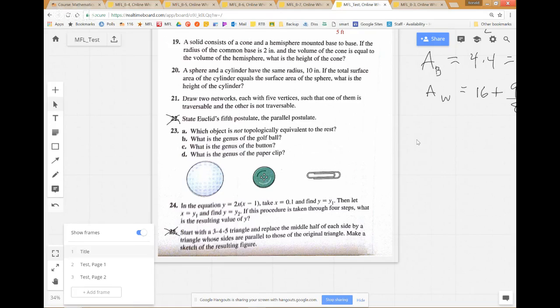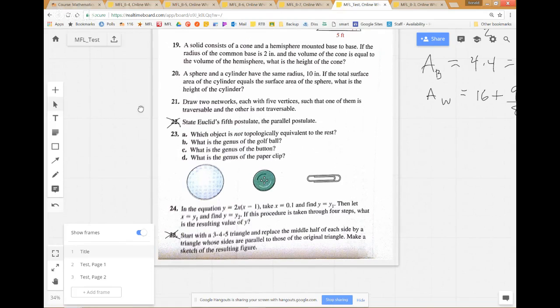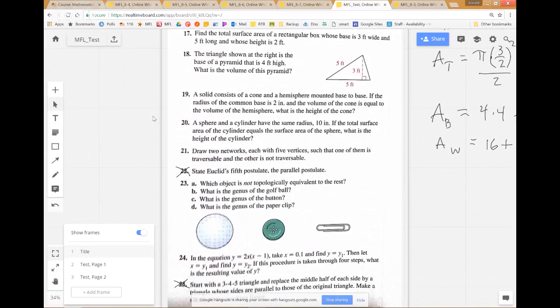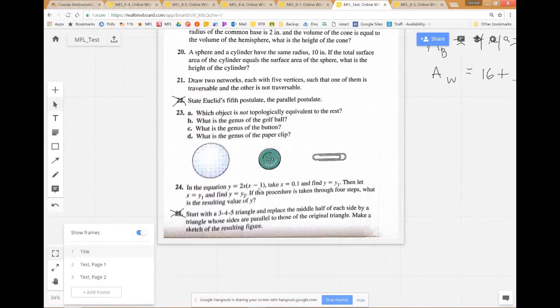It wouldn't hurt to have it handy, but be careful about the equation used there. Where do we have one of those in here? Oh yeah, right here, number 24: 2x times x minus 1.